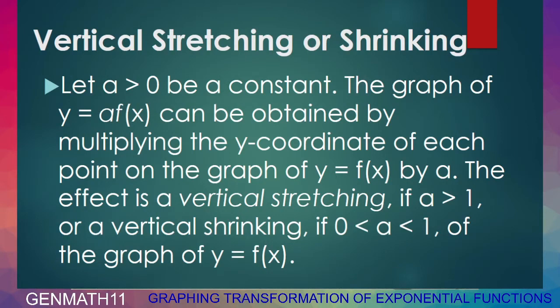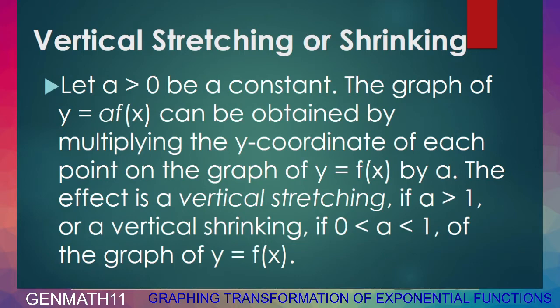Okay, for example, yung value ng A natin is 0.3. So, di ba, pag naging vertical stretching or shrinking, y equals 0.3 times the quantity of 2 raised to x power. So, yung sagot dun sa 2 to the x power kapag yung ating value ng x ay negative 3, ang sagot dun 0.125, itatimes na lang natin siya sa 0.3 para makuha natin yung value nung ating function na y equals or f of x is equals to 0.3 times 2 raised to x power.